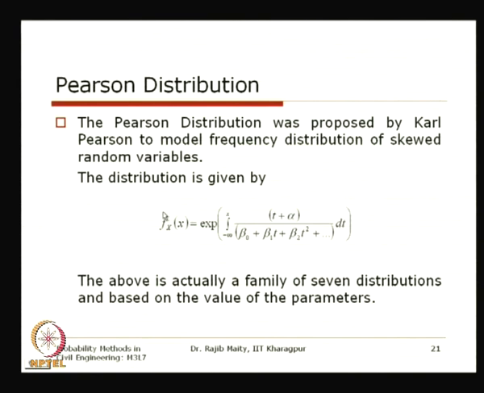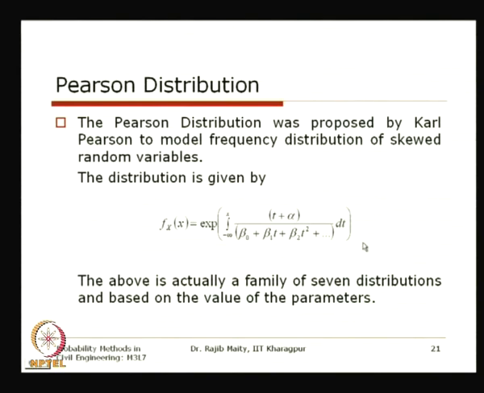Now, by controlling its parameters, 7 different types of distribution can be obtained from this Pearson distribution. In civil engineering, we have seen applications particularly in hydrology as well as other fields, and the important one is the Pearson type 3 distribution.